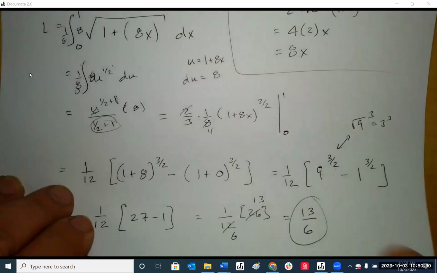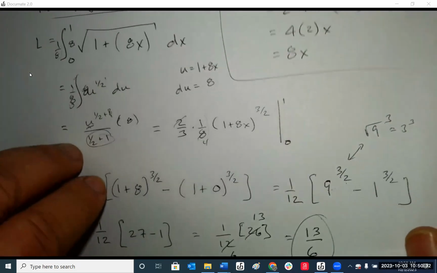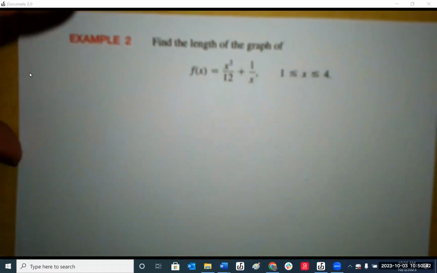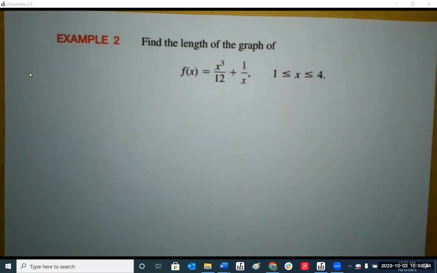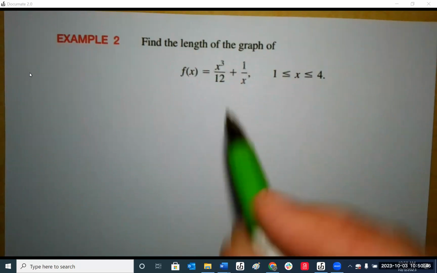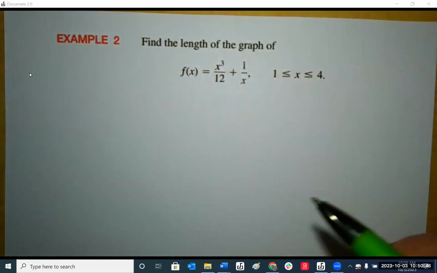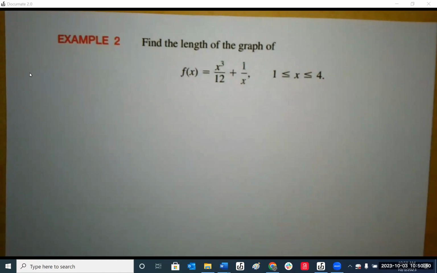Let's look at example 2. Find the length of the graph of x cubed over 12 plus 1 over x from 1 to 4.